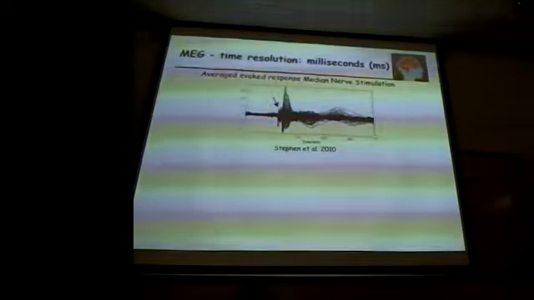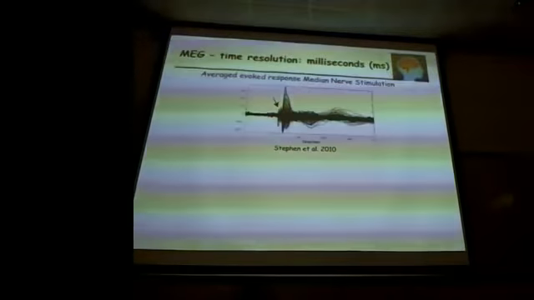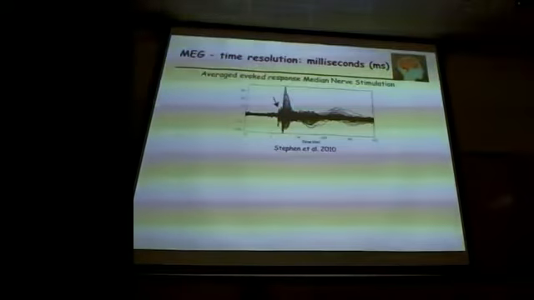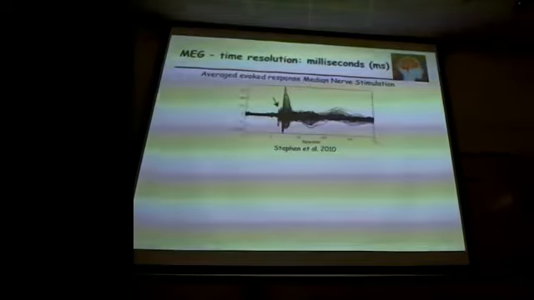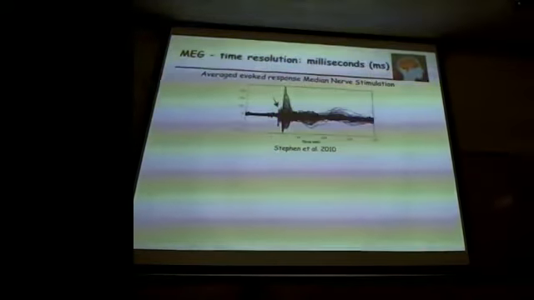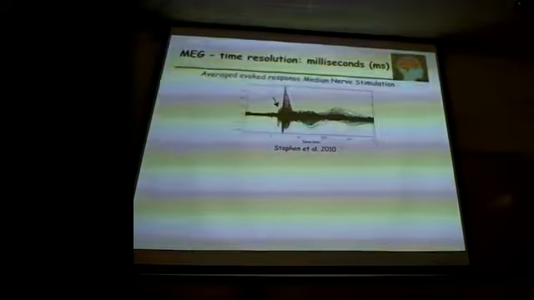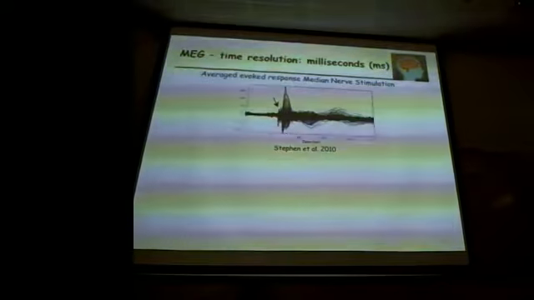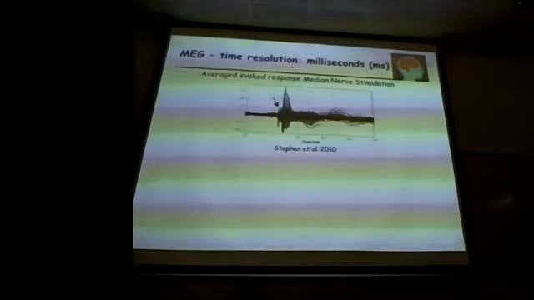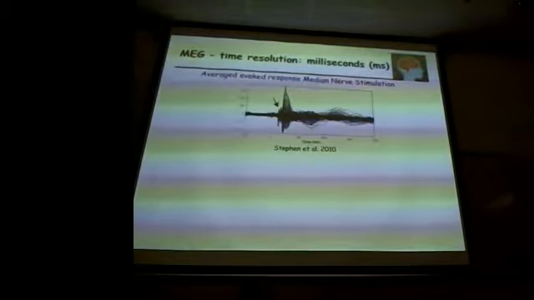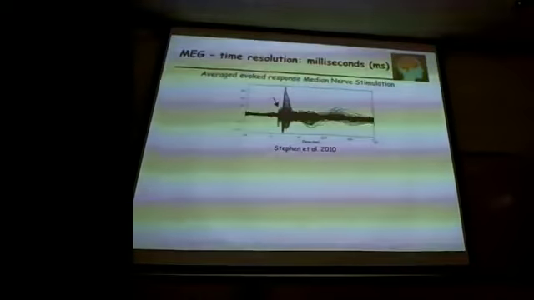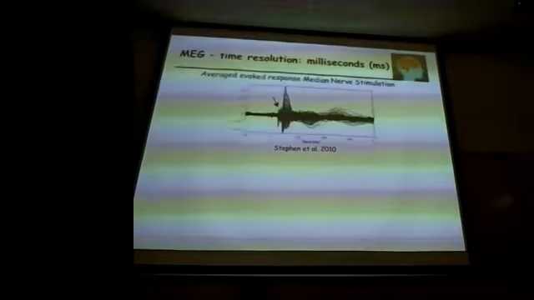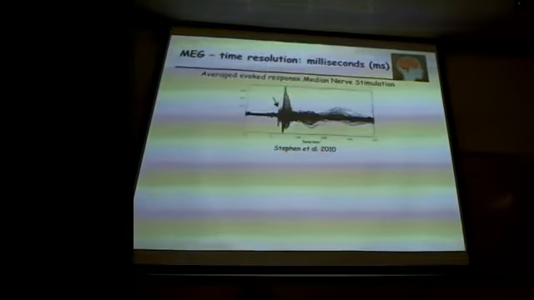So I just want to mention briefly again the temporal resolution, because this is the contrast relative to fMRI, right? With MEG and EEG, we collect data every millisecond, so this is an example of what we can see with that temporal resolution. This is a very simple response to a median nerve stimulation. All of the lines here are different sensors, so the magnetic field measured at the different sensors, which gives you spatial information.